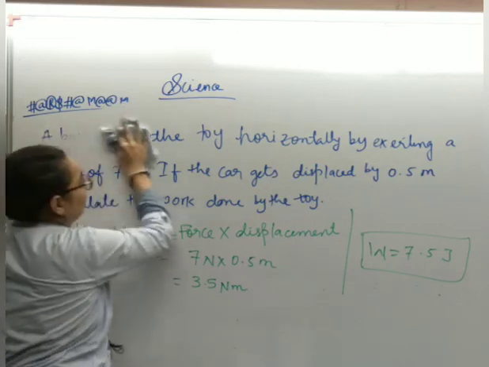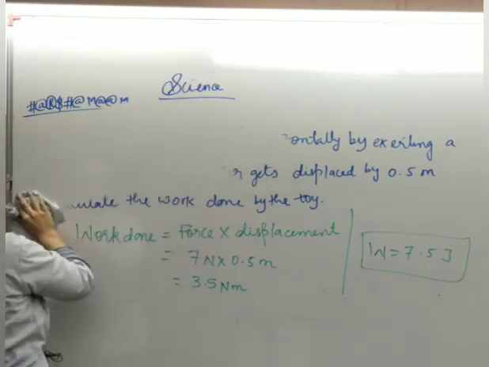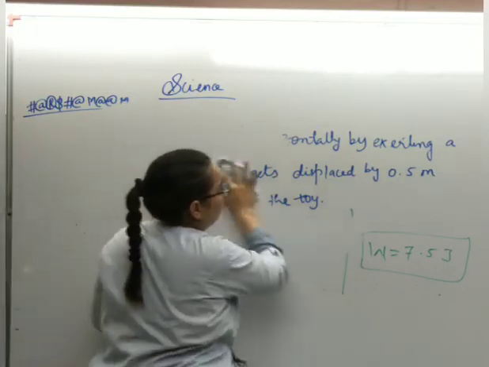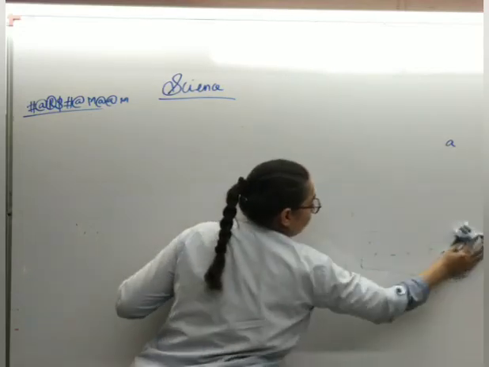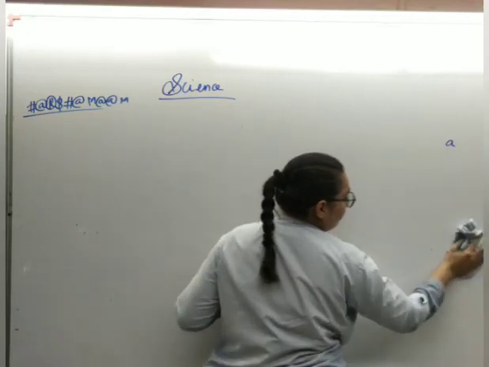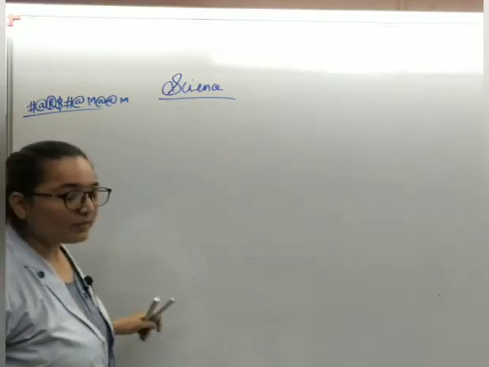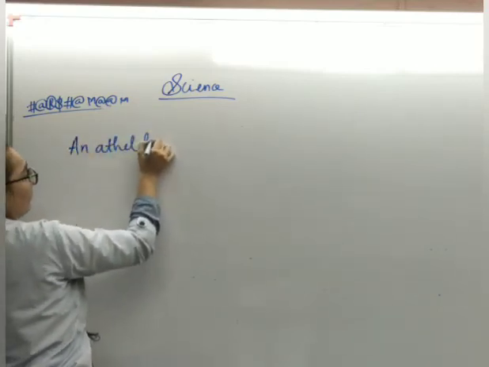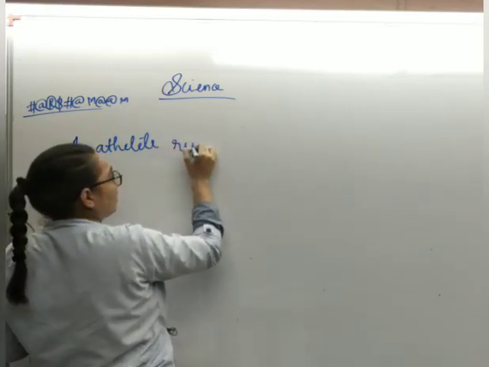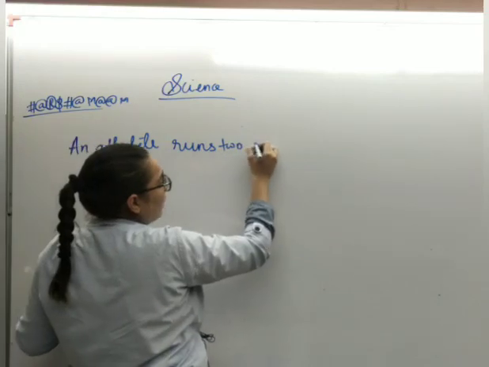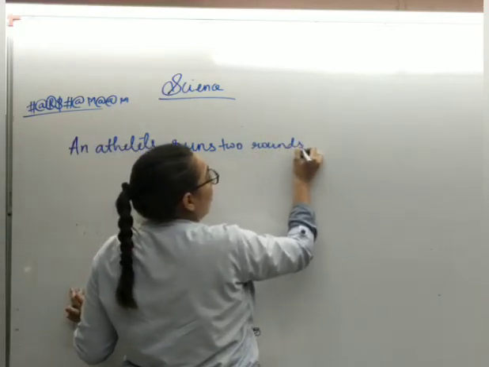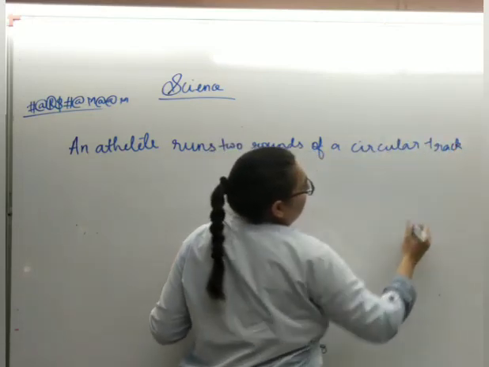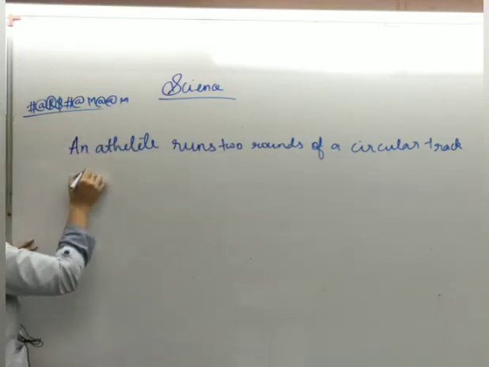Now next, an athlete runs 2 rounds of a circular track of radius 45 meter.